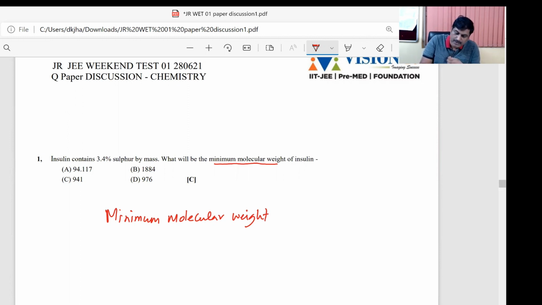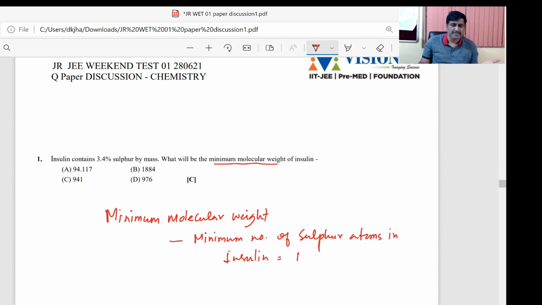So that is based on the minimum number of sulfur atoms in insulin, which is equal to 1. That cannot be less than 1 because that is not non-stoichiometric.